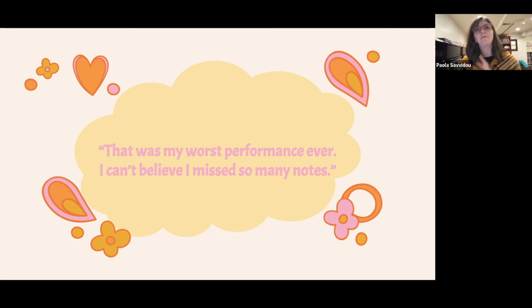And that way we come to terms, right? We process what happened, which is really important, instead of leaving feelings of shame and guilt overpower. So we process that together, we figure it out, we look at it objectively, and then we move on to that next performance planning.